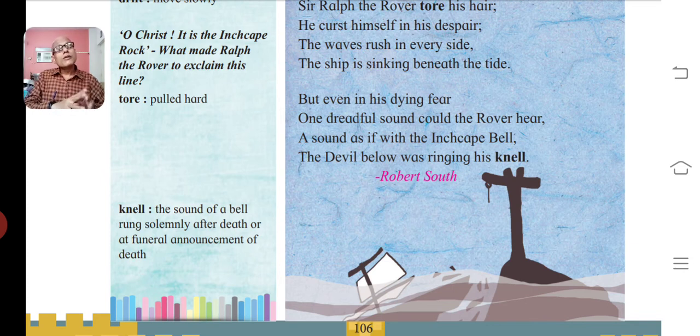Now his own ship had hit the Inchcape rock and was going to sink with all his riches. He too was sure to die, and so he exclaimed, "Oh Christ, it is the Inchcape rock."